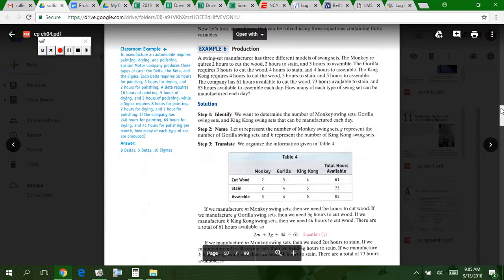King Kong requires 4 hours of wood, 5 hours of stain, 5 hours to assemble. Okay. We have a total allotment of 61 hours for wood, 73 for stain, and 83 for assemble. What should we manufacture every day?